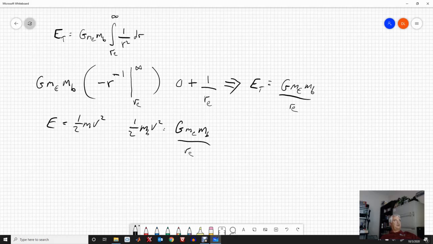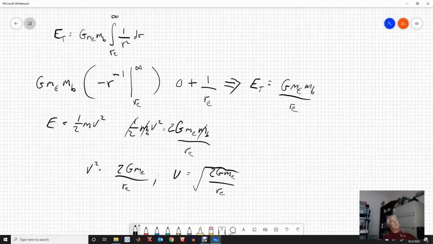So immediately we see this cancels, and we can get rid of this 1/2, put a 2 out in front, and we see that v squared is equal to 2g mass of the Earth over re, or v is equal to the square root of 2g mass of the Earth over re. All right, that's all there is to that.